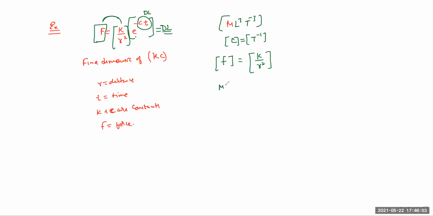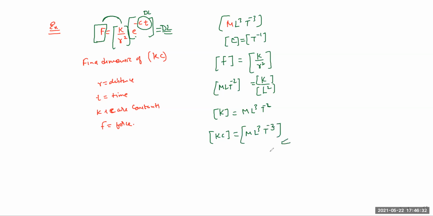Force we know, and K upon L square because we know R is L. So dimensionally, K is M L cube T minus 3. This is the answer you all got, which is absolutely correct.